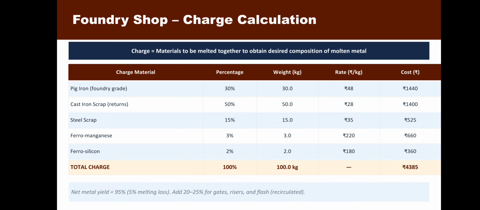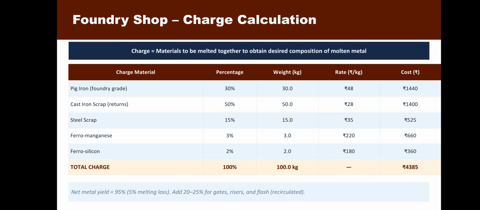We can see that the charge material, percentage, weight, rate, and cost are included in the table. We can find the total charge by adding the percentage, weight, and cost of the different charge materials. Net metal yield is equal to 95%.